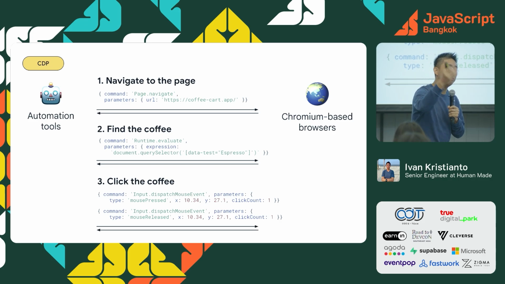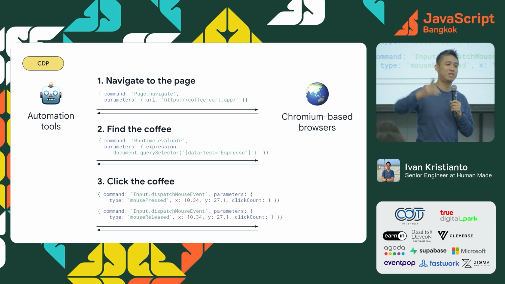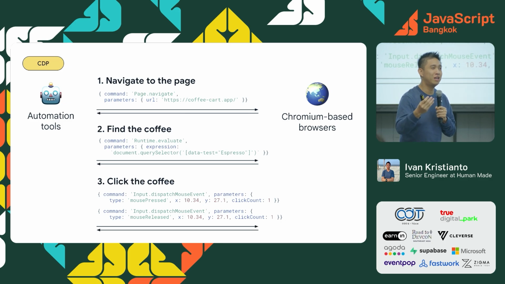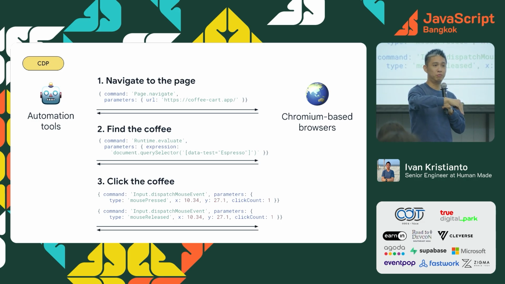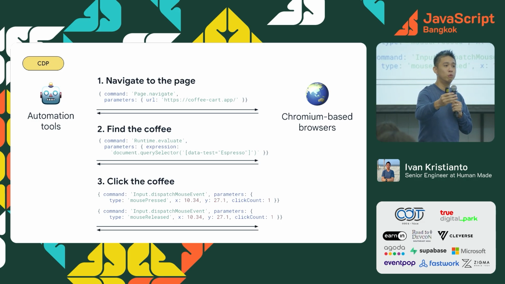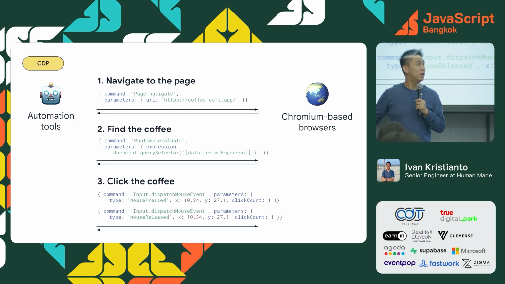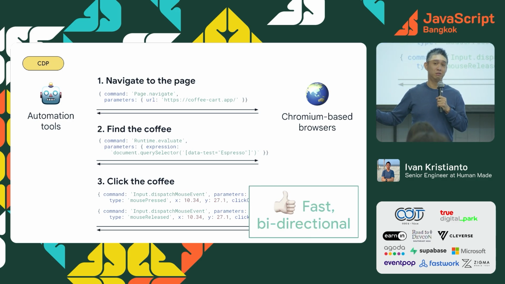So it's not HTTP request and response anymore. It just sends it and forgets it, and waits for the browser to reply through the WebSocket. So there is no long polling. That's why it is fast and bidirectional.